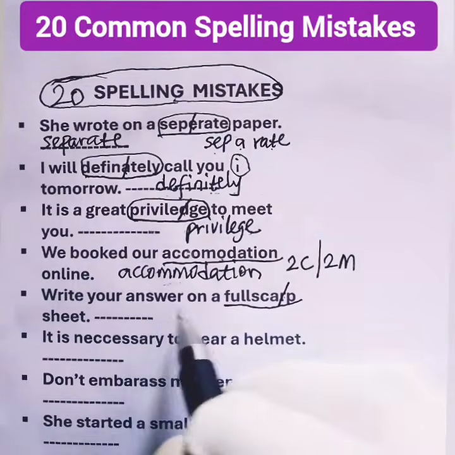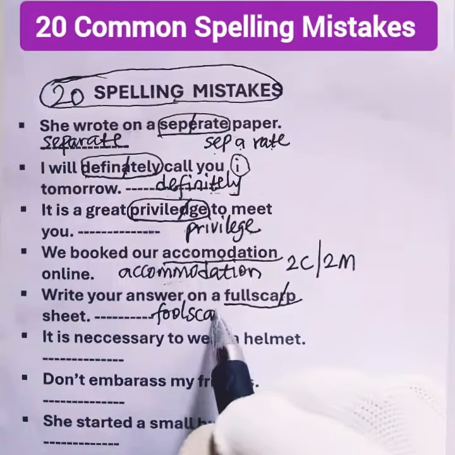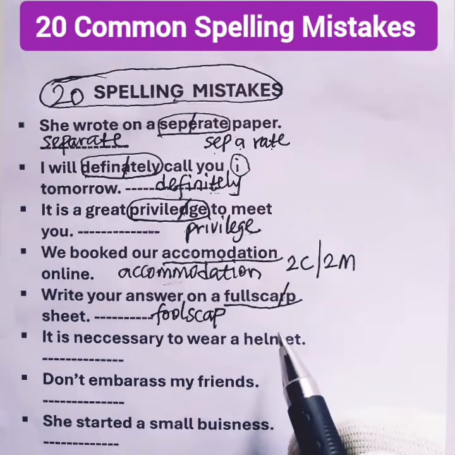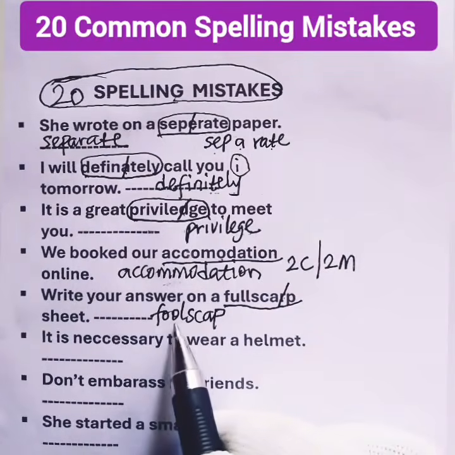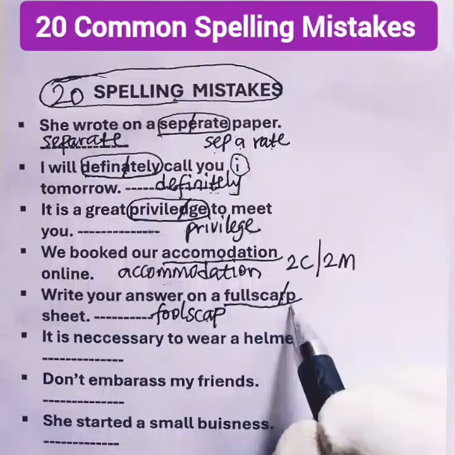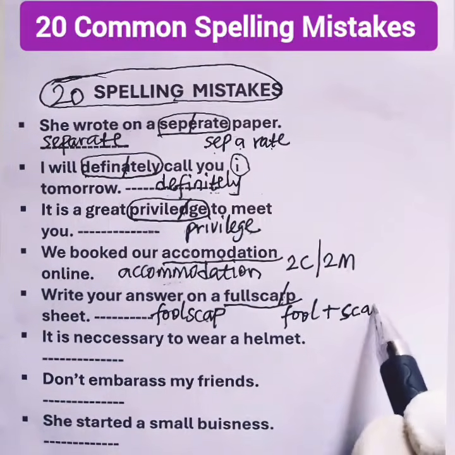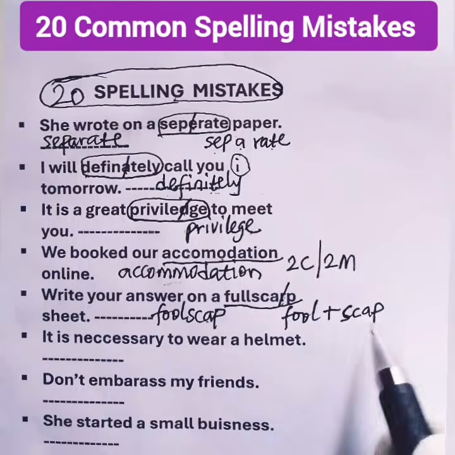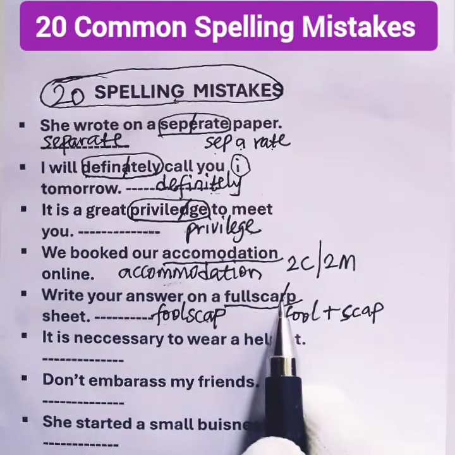Now look at the correct spelling. Can you see that? Instead of this fool, this is what we use for foolscap. Then no R. So always remember fool plus scap. Fool plus cap gives you foolscap and not this, okay?